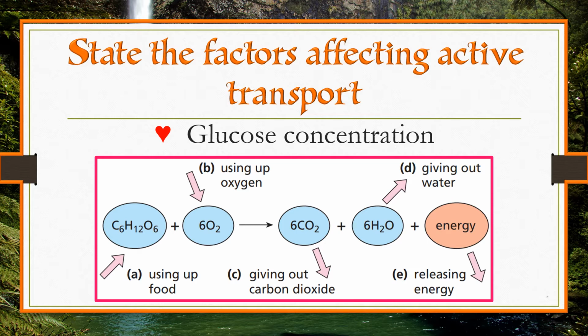So if we don't have enough glucose, that means that the energy we are going to produce is going to be little. But if we have a high concentration of glucose, provided that the other factors are constant, then we shall produce more energy. So we can say that glucose concentration will affect active transport.